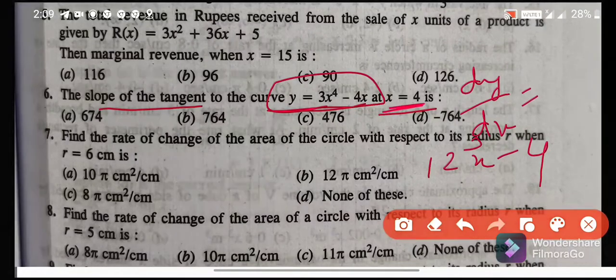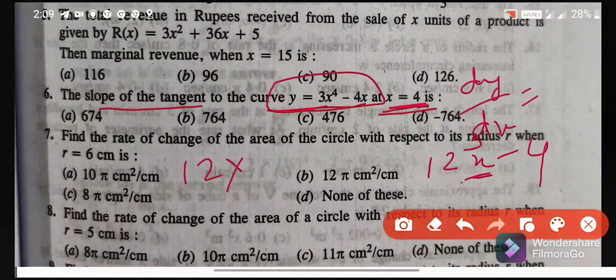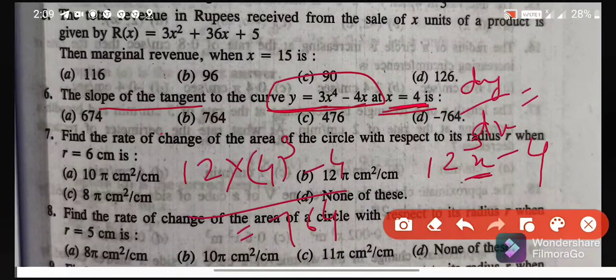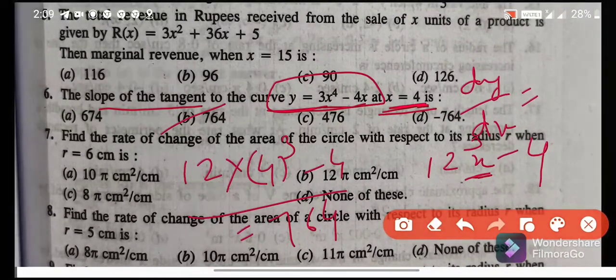Now put x is equal to 4: 12 multiplied by 4 raised to the power 3 minus 4. Solve this, we get 764. So the answer is option B. For the slope of the tangent, just differentiate with respect to x.